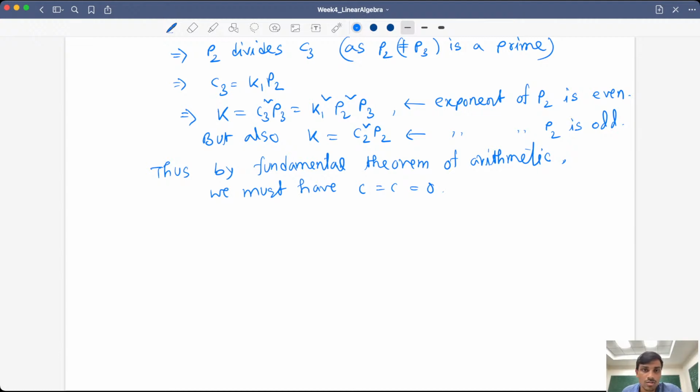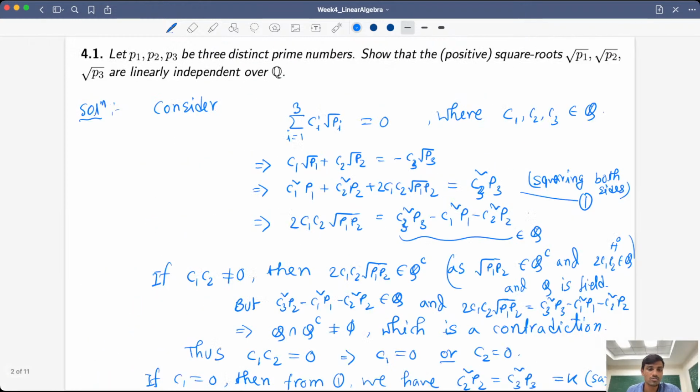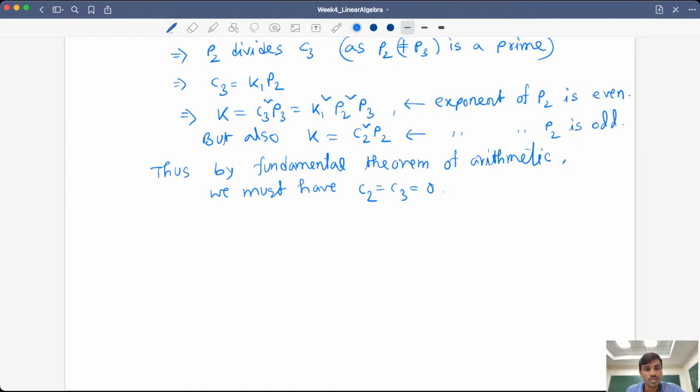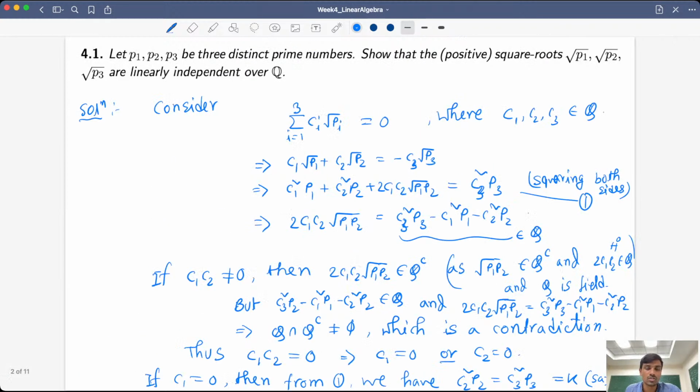So that means C2 equal to C3 equal to 0, and by our case we already assumed C1 equal to 0. This implies that C1 equal to C2 equal to C3 equal to 0, which I wanted to show, to show this is linearly independent. So this is one case.